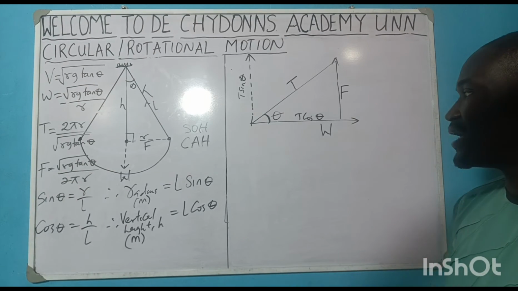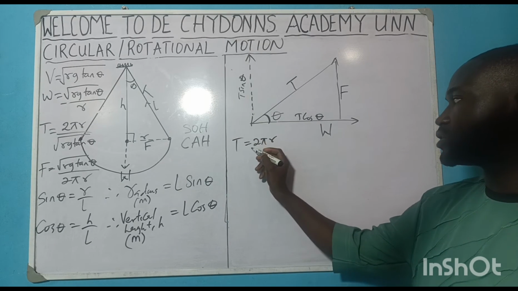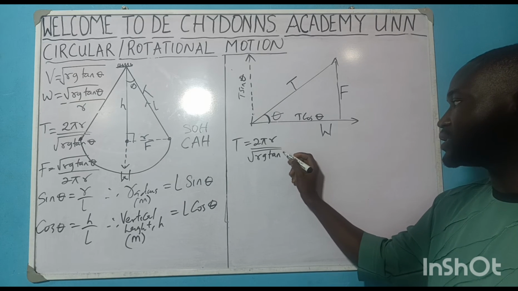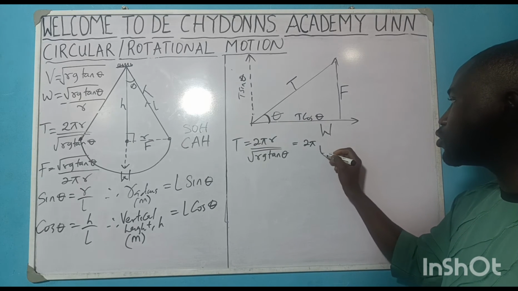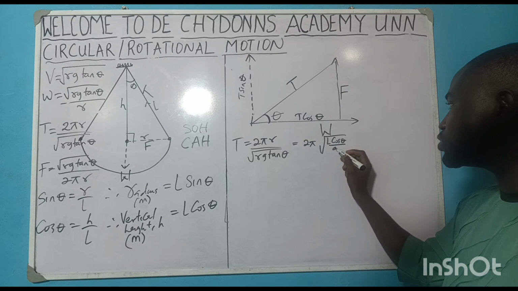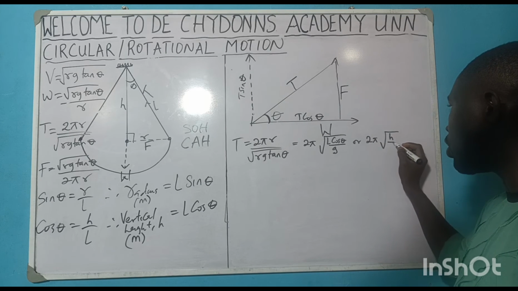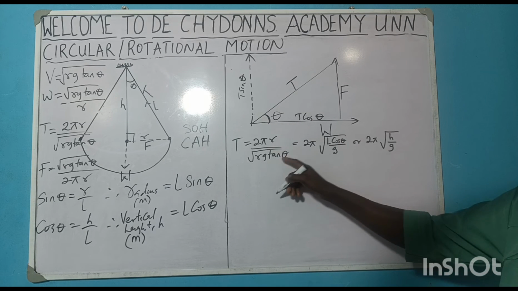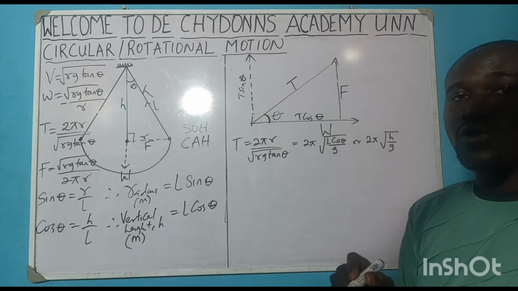Now, do you believe that this T, which equals 2 pi R all over the square root of Rg tan theta, that is this period, is equal to 2 pi root L cos theta all over G, or 2 pi root H all over G? Do you believe that? This thing you are seeing is equal to this. Okay, let me explain. Remember that your R is L sin theta.